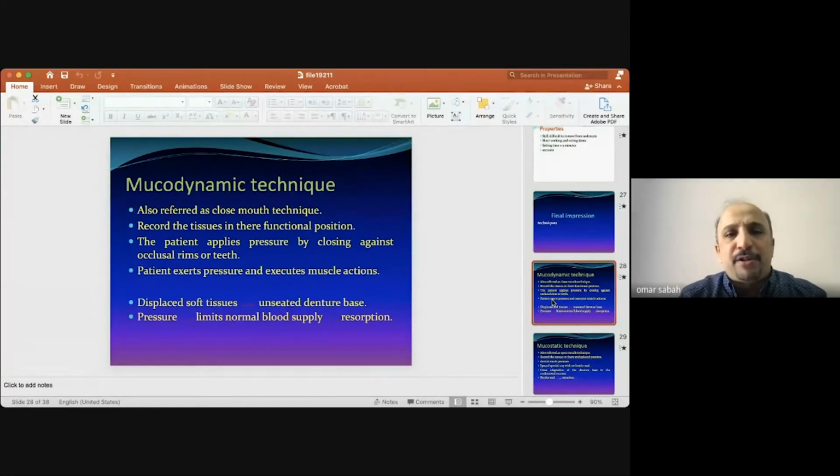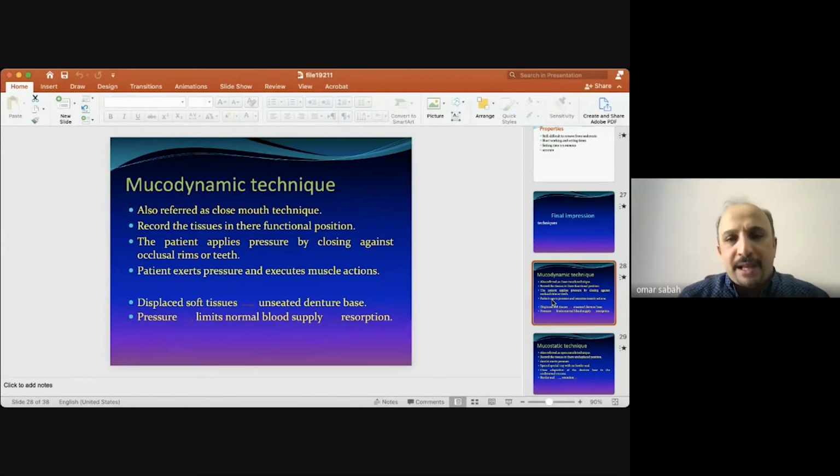But here it depends on the patient. Maybe the anterior force differs from the posterior, or one side differs from the other. So the displacement of the tissues is not the same in all areas.